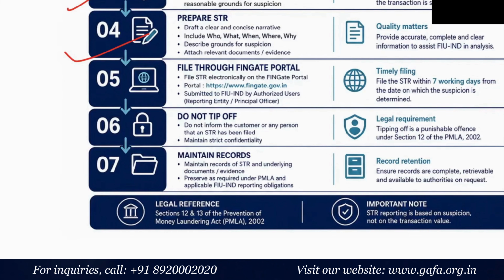However, technically, they are more or less the same, right? So if you are from India or from any part of the world, please follow your respective guidelines which are issued by the central bank of your country and follow those steps which are mentioned for filing a suspicious activity report or suspicious transaction report.